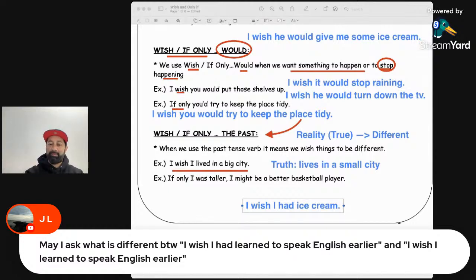One was with past perfect. One is just with past tense. We are going to learn past perfect next. But that is more of a regret. You didn't do something in the past, so you wish you could change the past. So we use past perfect. I wish I had learned to speak English earlier. But in spoken English, both of these will be fine.